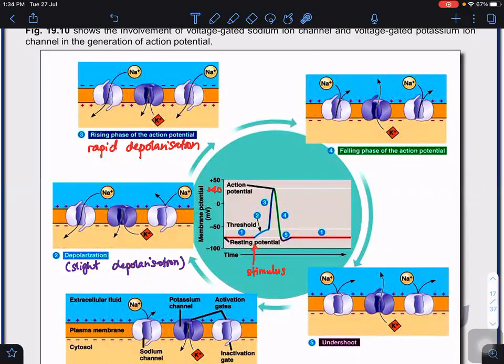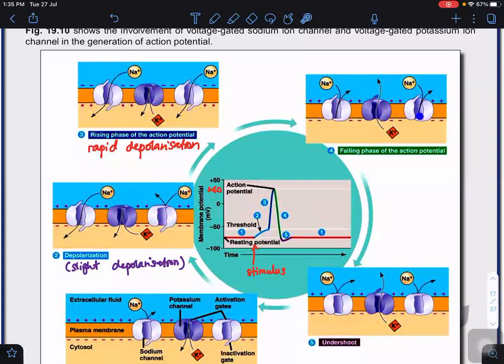So with the generation of this action potential, when it reaches +40, the action potential is generated. But at +40, all the voltage-gated sodium ion channels close immediately, so sodium ion cannot enter. That is why the maximum is +40, because no more sodium ion can enter.